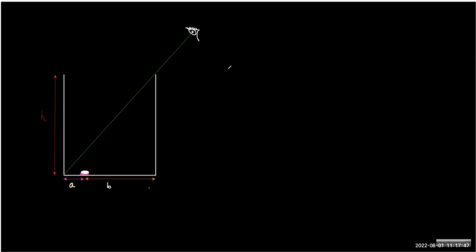So will he be able to see the coin? The answer is no, because the light ray is not going towards the observer from the coin, right? So the person can see only the corner and the above, right? Yes, sir.